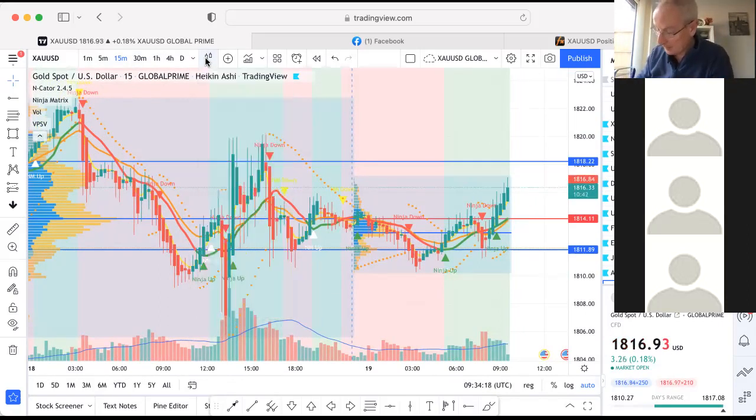Well, I mainly use them so I can look at the Ninjacator, because Kevin designed the Ninjacator to work best on Heikin-Ashi candles. So I flick backwards and forwards between Heikin-Ashi and normal candles. Now I flick backwards and forwards between 15 and 5 minute timeframes, just so you can get a real good feel of how price is behaving.